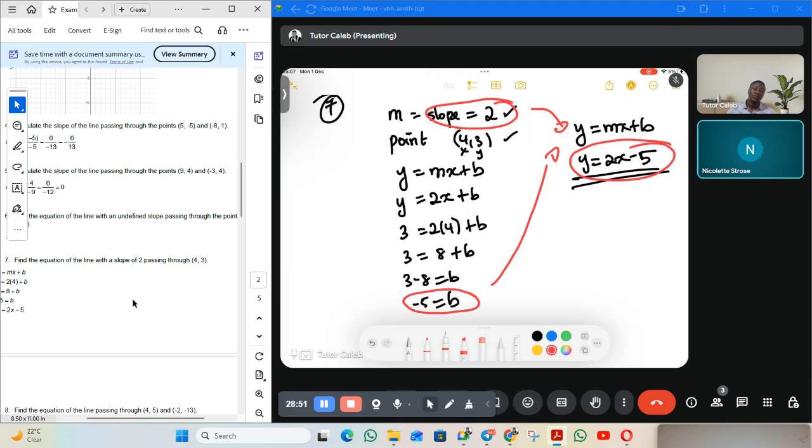Okay. So you kept y there because what we were looking for in this equation was not y, it was not x. We're looking for m and b. M and b. Okay. Yes. But the question already gave us m, so we had to look for b.